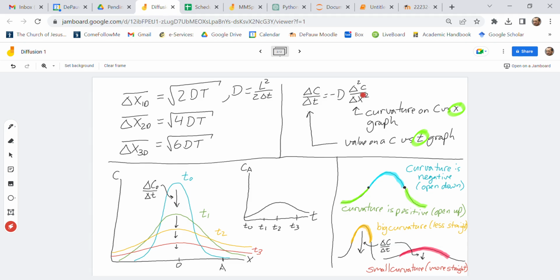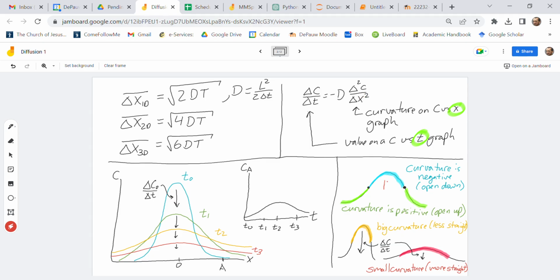So what does curvature mean? Let's go over here, in this area. This is an example of curvature. When you have a curve like this, which is very common, it's called a Gaussian or a bell curve. There's a spot called the inflection point that separates the curving getting taller and the curving getting smaller. Basically, everywhere between those two inflection points, the curvature is negative, meaning it's opened down.